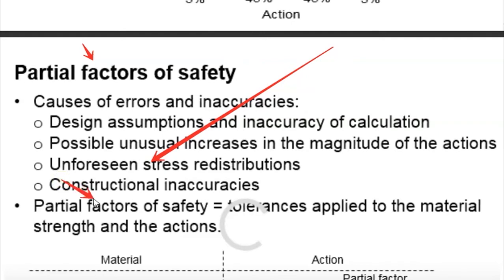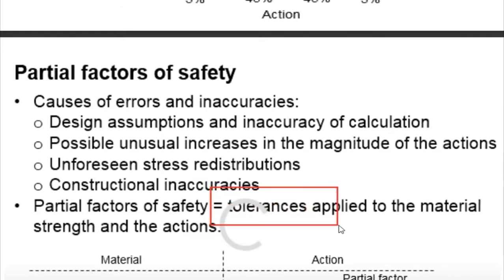Now, the partial factor of safety is said to be the tolerance applied to the material, strength, and action. So generally, you use the factor of safety to have a tolerance applied for the material strength, and even the action or force during the intended use of the structure.